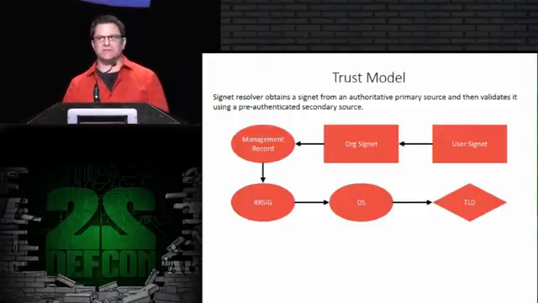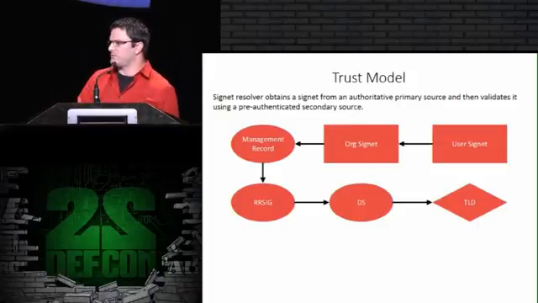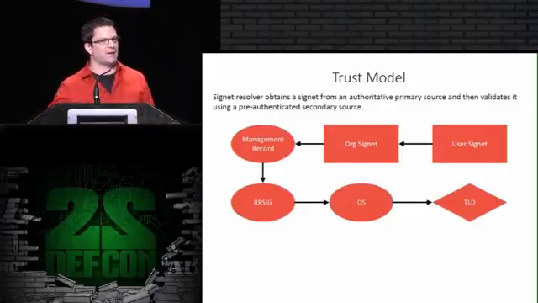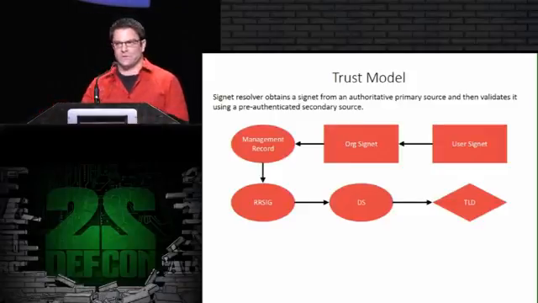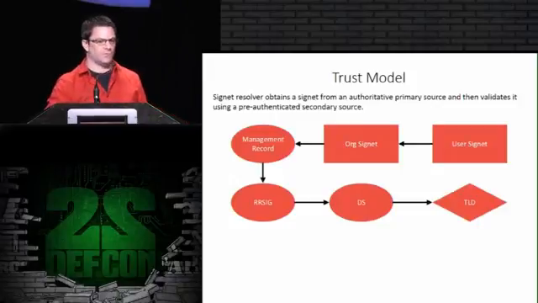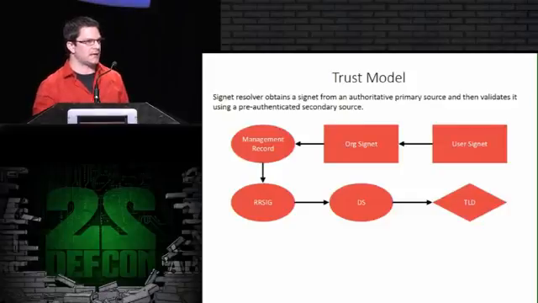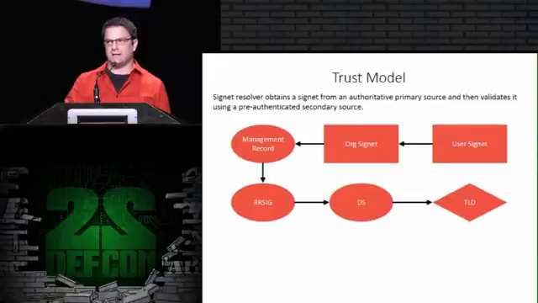Now, this is the most simplistic trust model, and it only applies if DNSSEC is actually in play. There are alternate models I don't have time to get into, but if you recall, the cardinal rule is you need a primary source and then a second pre-authenticated source for verification and validation. DNSSEC is pre-authenticated.